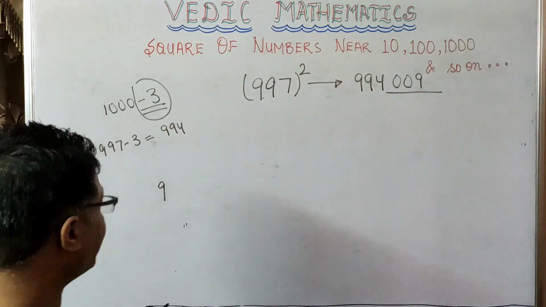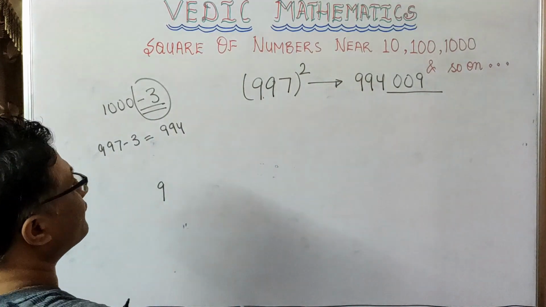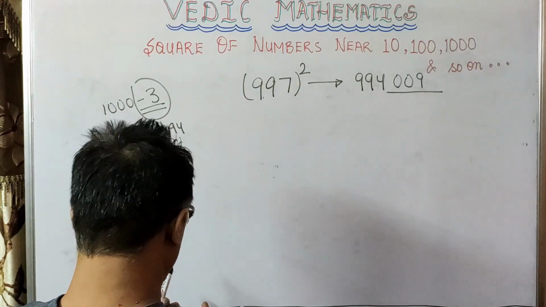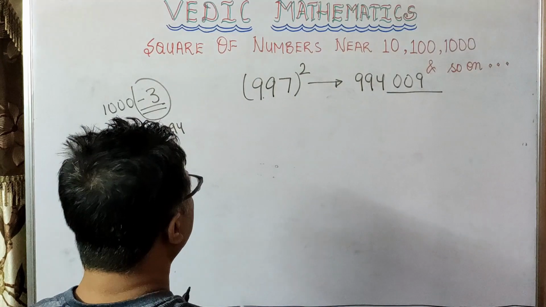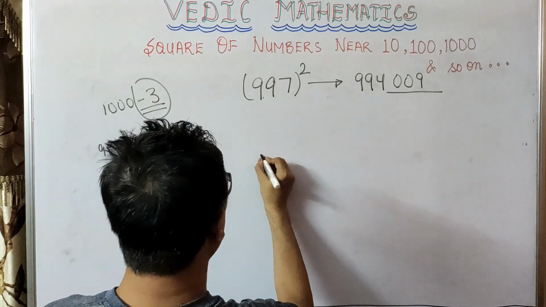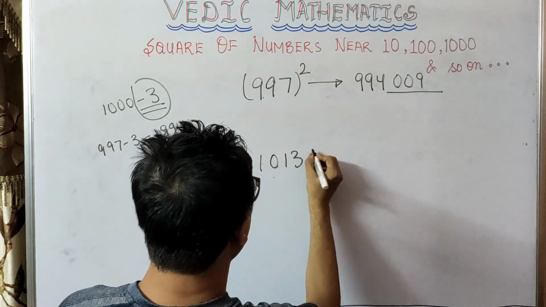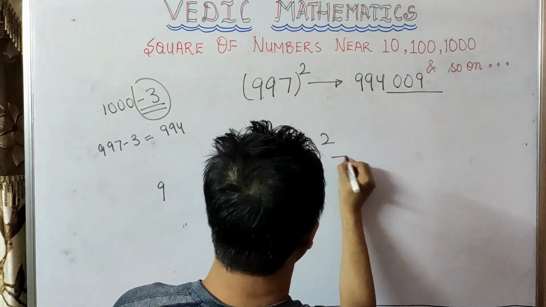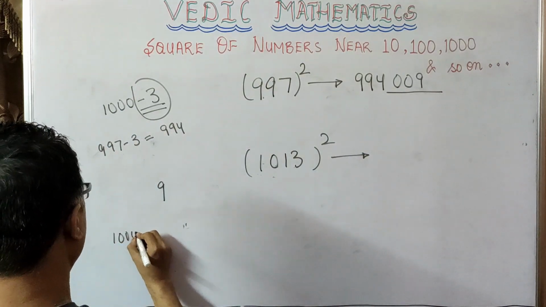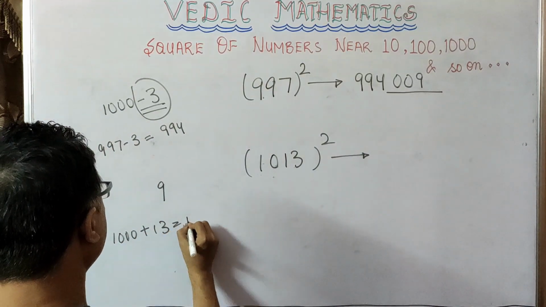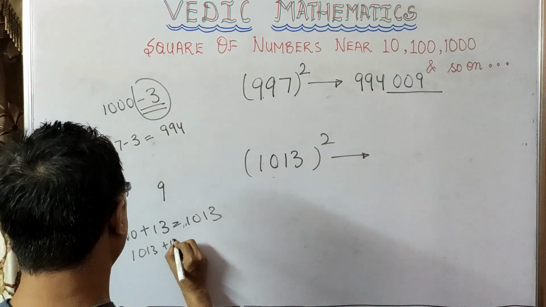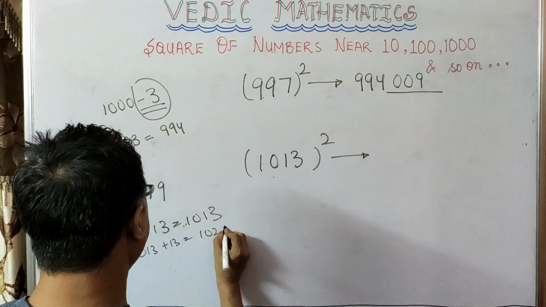Now, let's say we have to find the square of 1013, say. So 1013. So this is what? 1000 plus 13 is 1013, and 1013 plus 13 is 1026.